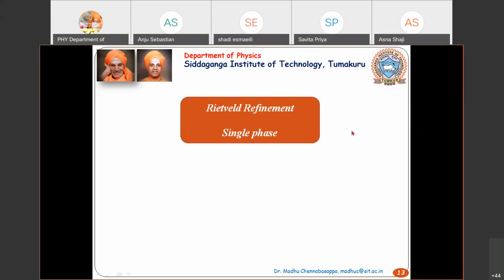But when it comes to a complete refinement, then you need to take into account your atoms which are present in your sample. Okay, so that is what we are going to do in case of your Rietveld refinement.